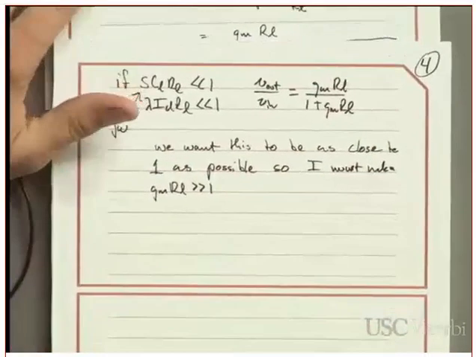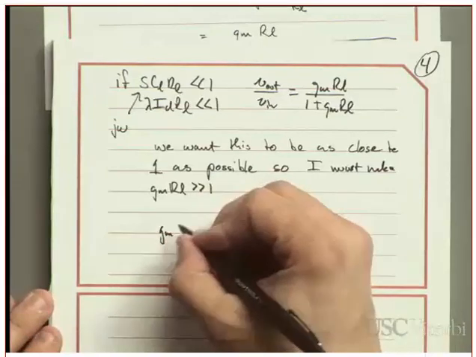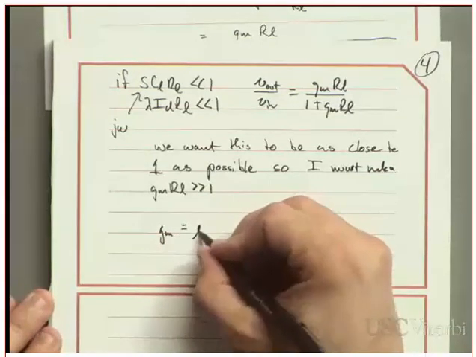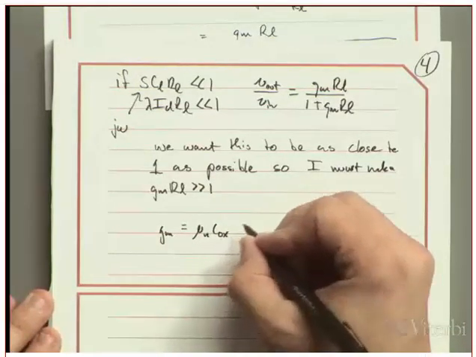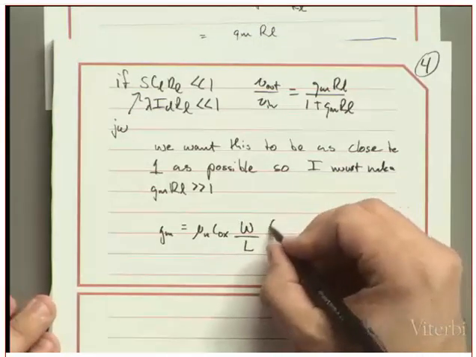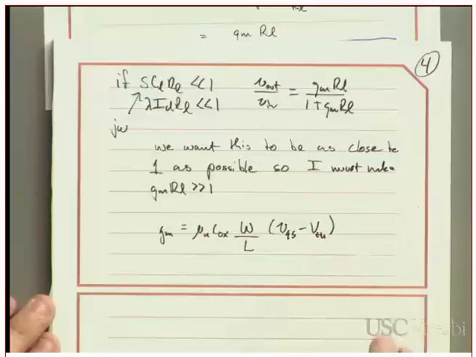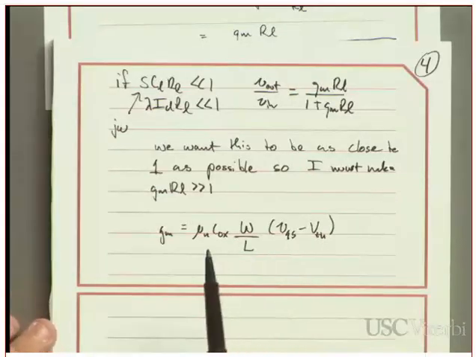And how much greater depends on how good you want it to be. But if we remember what gm is, it's mu_n Cox times width over length times (VGS minus VTH). So that's the parameter that we derived last time.